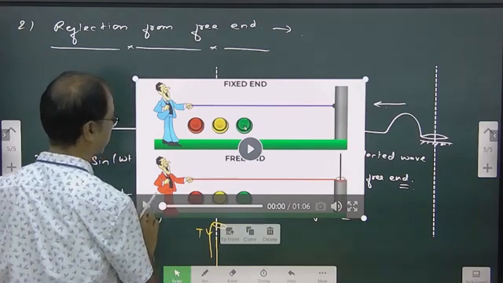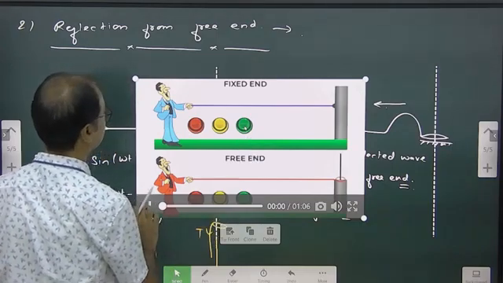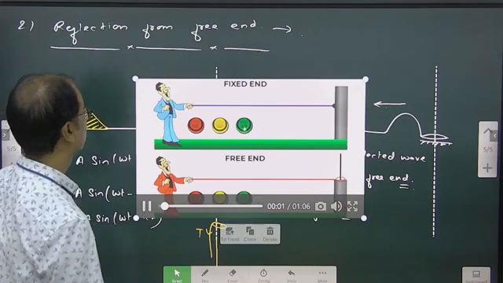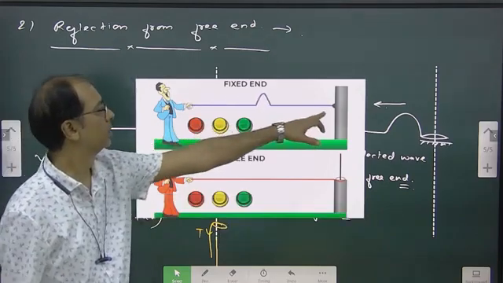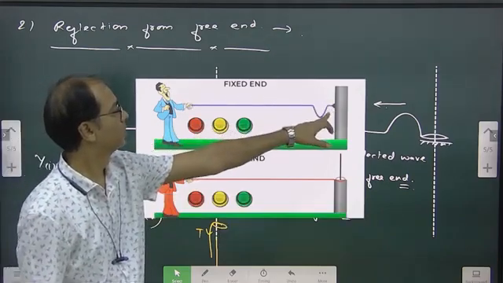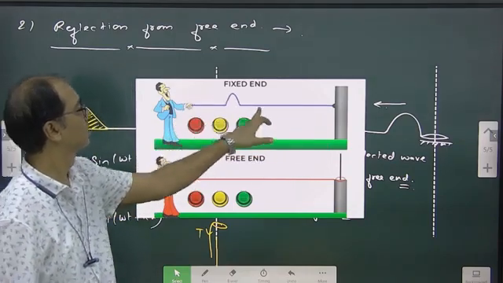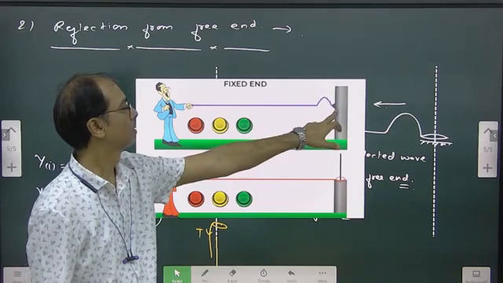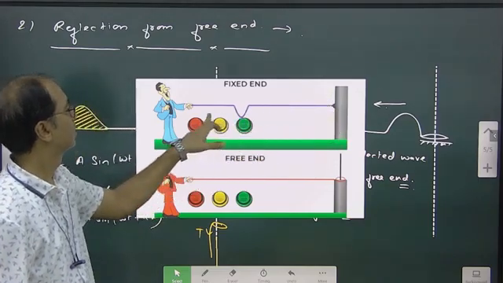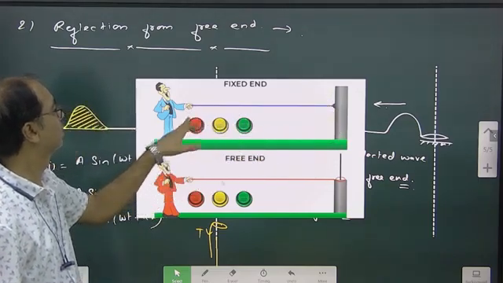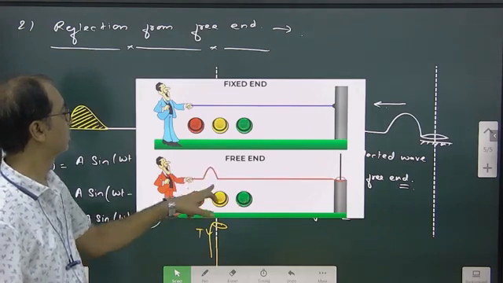See that? This is the fixed end. See how it's changing. Same thing that we discussed. This is the reflected one from the fixed end. This is the free end, and this is the ring.